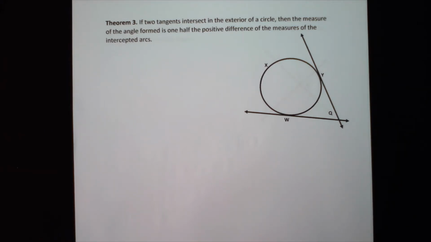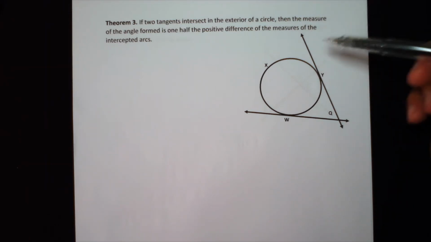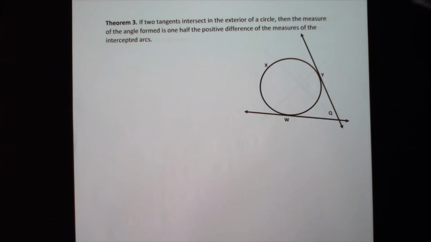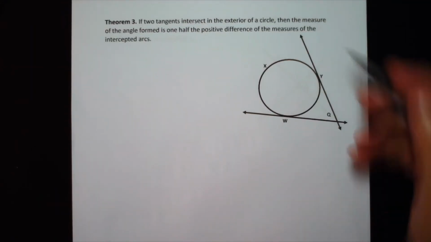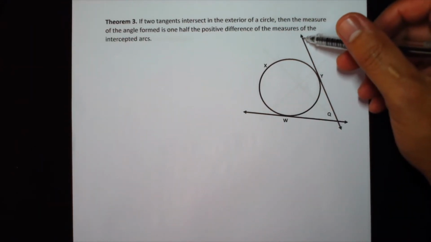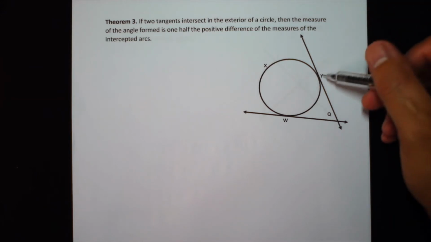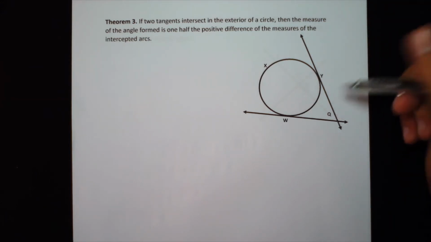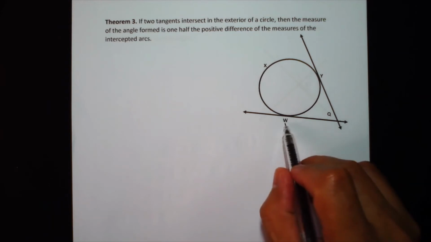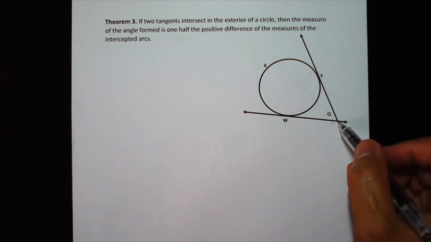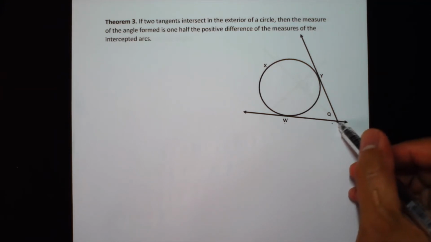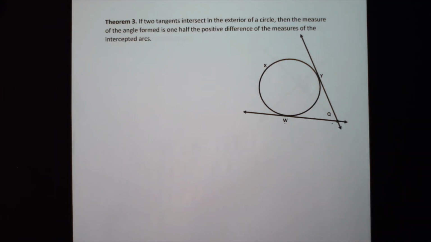A while ago, we were done with the secant, then secant-tangent, now tangent and tangent. Here in the figure we have two tangents, tangent YQ and tangent WQ. They intersect outside of the circle.